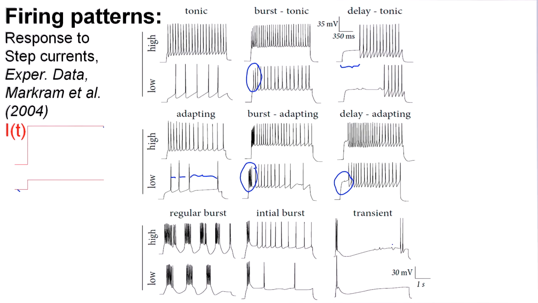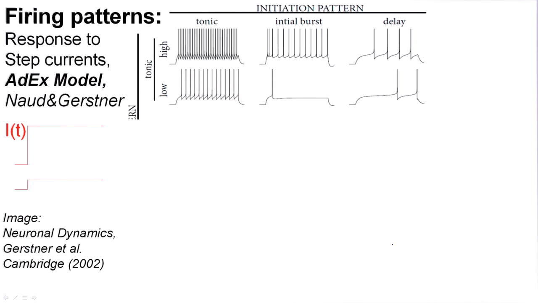Now, on the previous slide, I proposed one neuron model, the exponential integrate-and-fire model with adaptation, AdEx. Can we account for all these different firing behaviors with just one neuron model? And surprisingly, the answer is yes. Yes, we can. Here again, the tonic behavior, initial burst, delayed spikes.